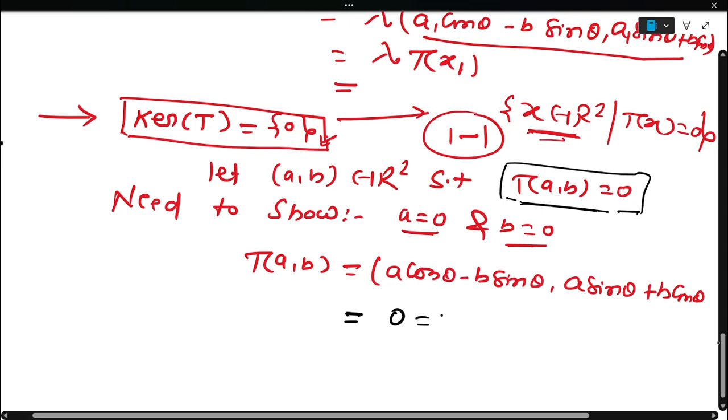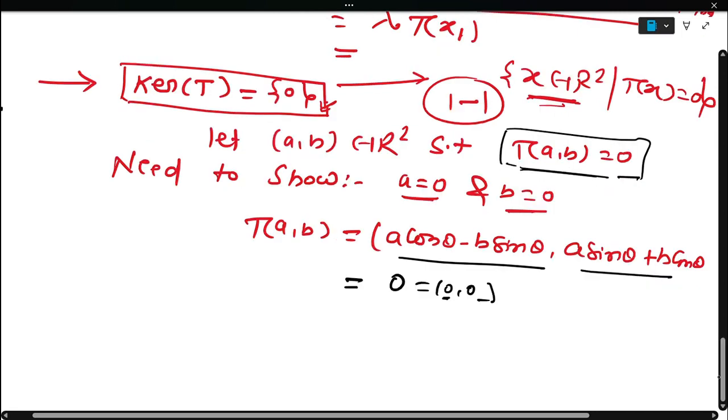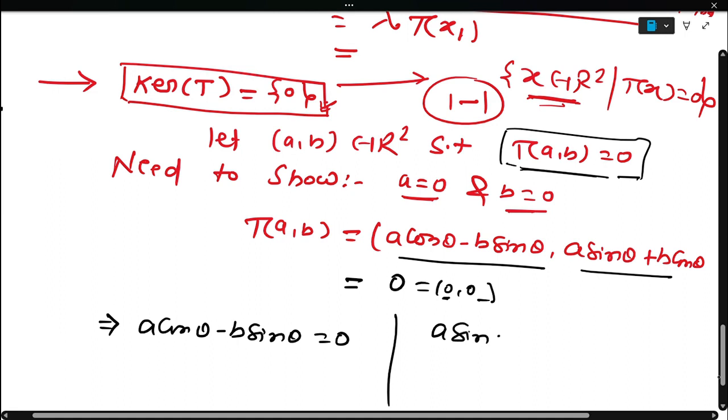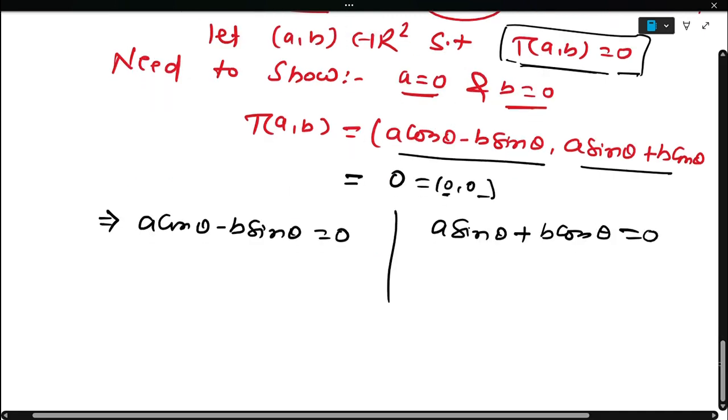So if it is 0, meaning (0, 0), the first coordinate will be equal to the first coordinate and the second coordinate will be equal to the second coordinate by the equality. So it will be a cos theta minus b sin theta equal to 0, and here a sin theta plus b cos theta equal to 0.